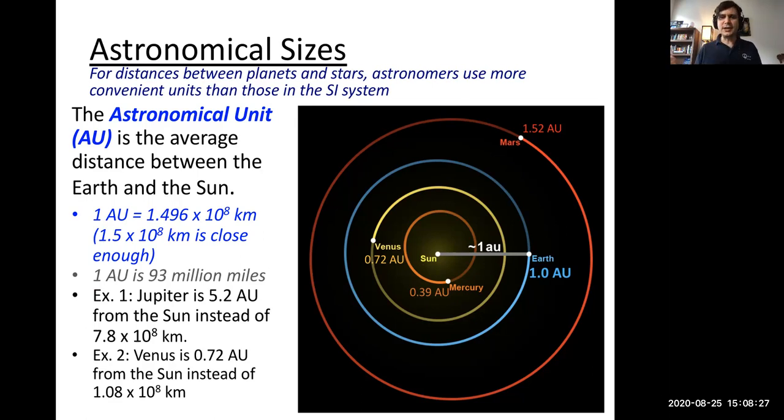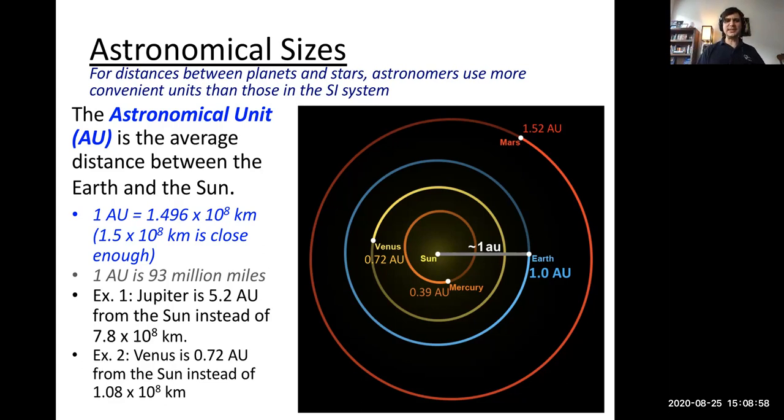I can't picture 93 million miles in my head, let alone about 150 million kilometers. Those numbers just don't make sense. But what I can picture, and this is really what I was going to show you, the usefulness of this unit, is the solar system with the orbits drawn. So if I told you that Jupiter is 5.2 AU away, that makes sense to me, because now I'm like, oh yeah, Jupiter is about 5 times farther away from the Sun on average than the Earth is.